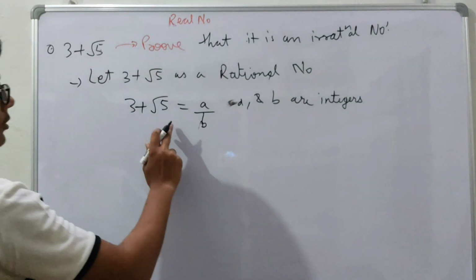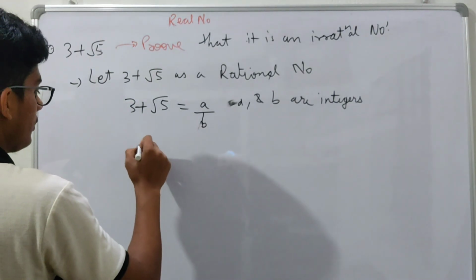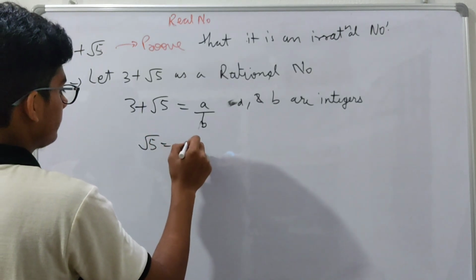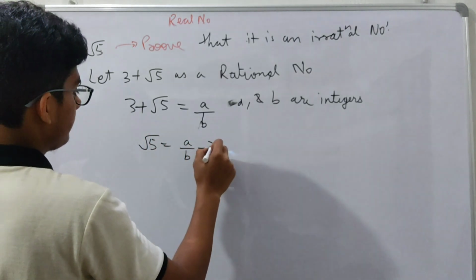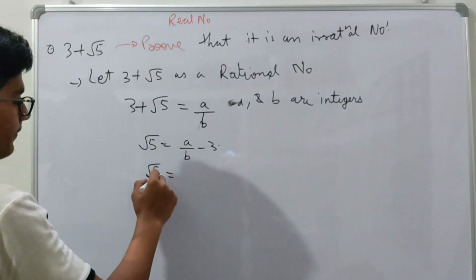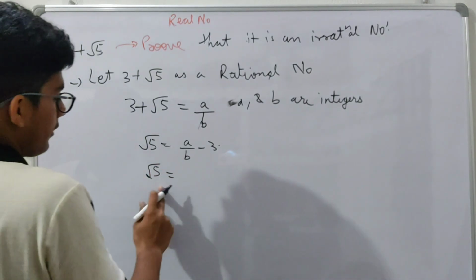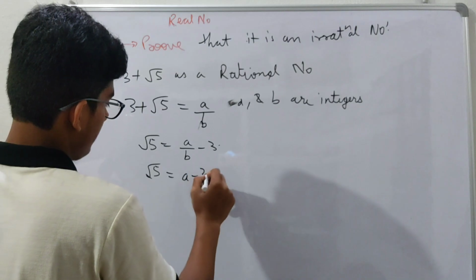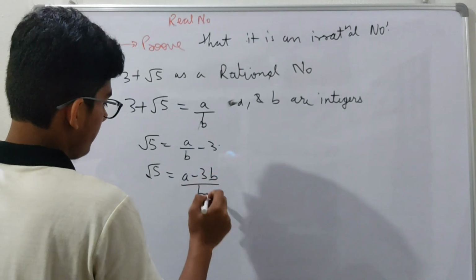So 3 plus root 5 is equal to a by b, so root 5 will be equal to a by b minus 3, which is a minus 3b by b.